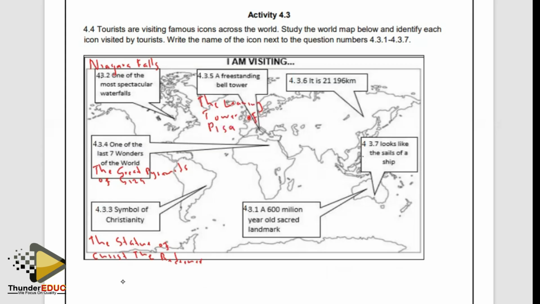Then the next one, a sacred 600 million year old landmark. This is known as Ayers Rock. Then this one, which looks like the sails of a ship, is called Sydney Opera House.